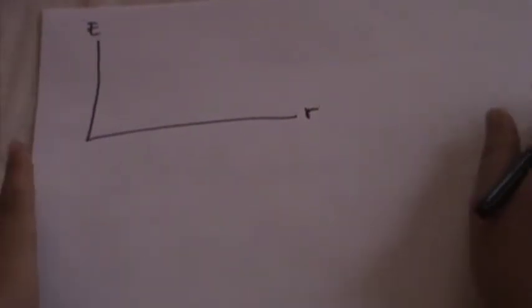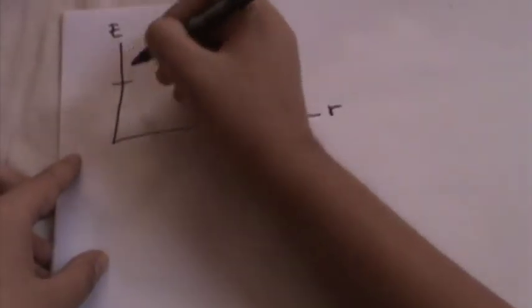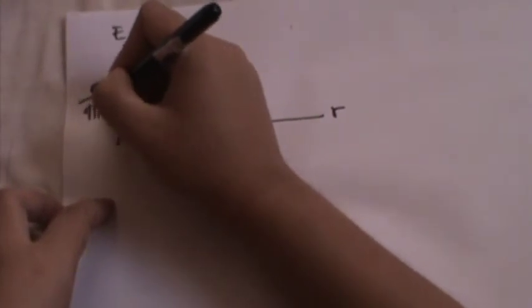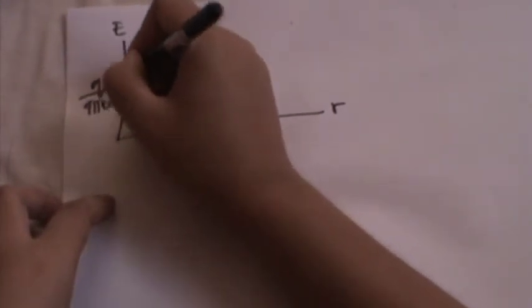So for example, our constant electric field is Q over 4 pi epsilon naught R squared.